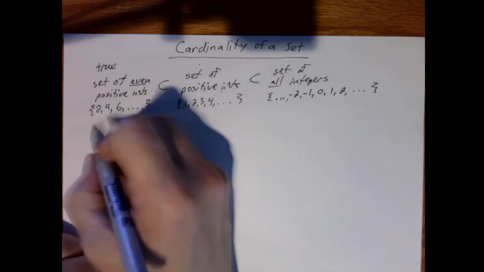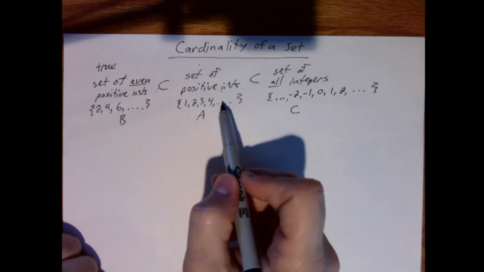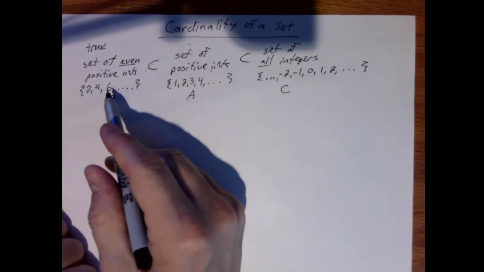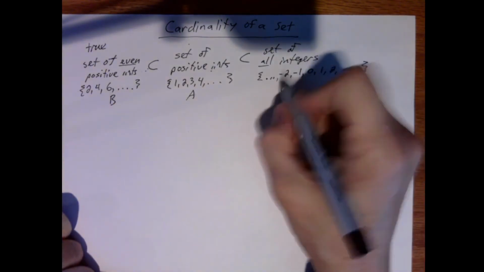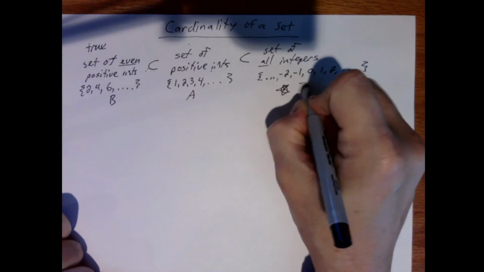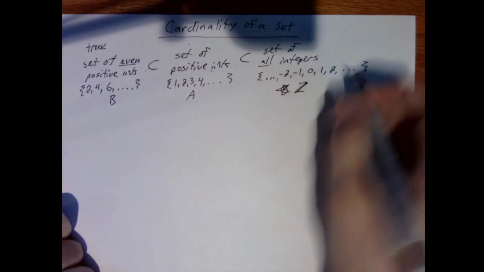So let's say here, we'll call this set A, set B, and set C, just to make it easy to distinguish between what I'm talking about. So A will be the set of positive integers, B will be the set of even positive integers, and C will be the set of all integers. And really, this is Z, because that's the standard way of talking about it.